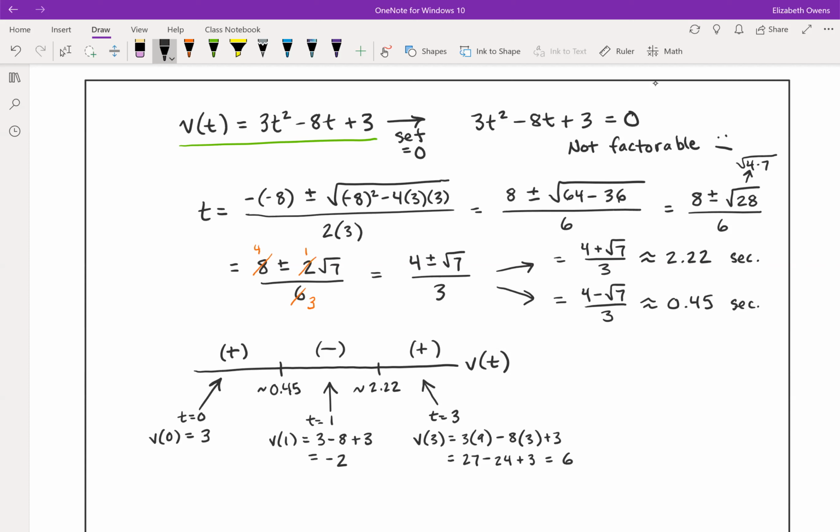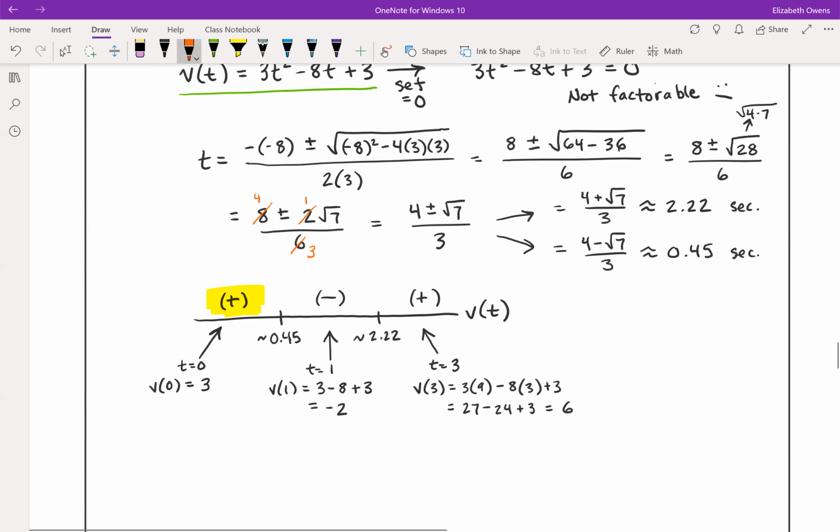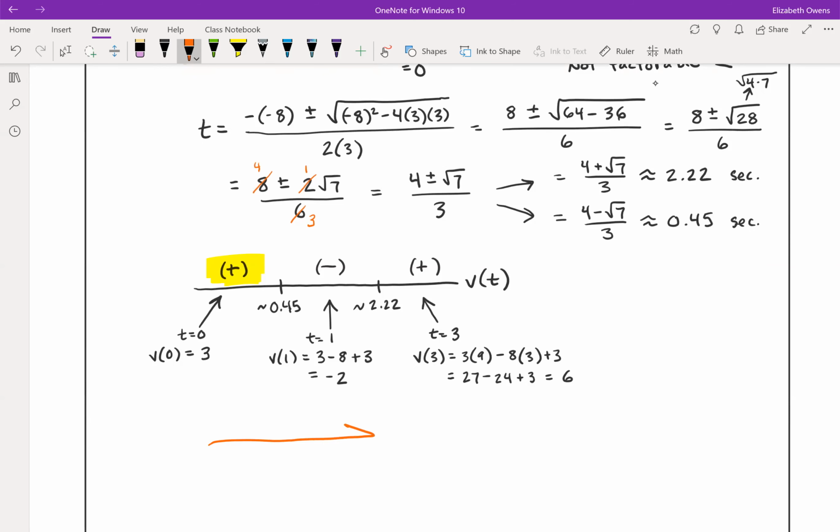And so, yeah, we do actually have some changes in direction going on, because our velocity starts out heading in the positive direction. So our little object is going zip, zip, zip, zip, zip in the positive direction. And then at about 0.45 seconds, it stops still for just a split hair of a second there, and then it starts traveling in the negative direction. So it goes zip, zip, zip, zip, zip that way towards the negative.